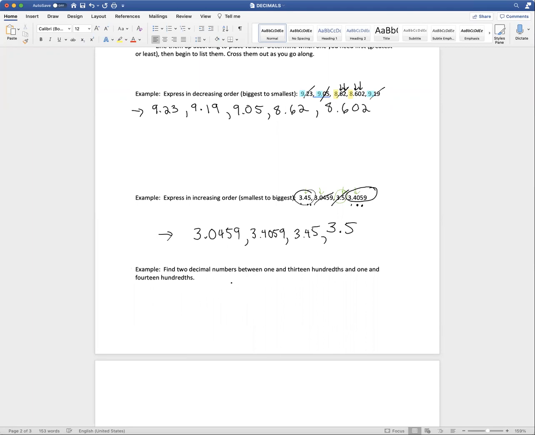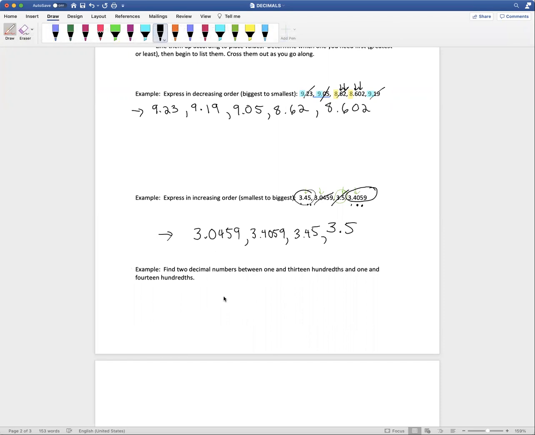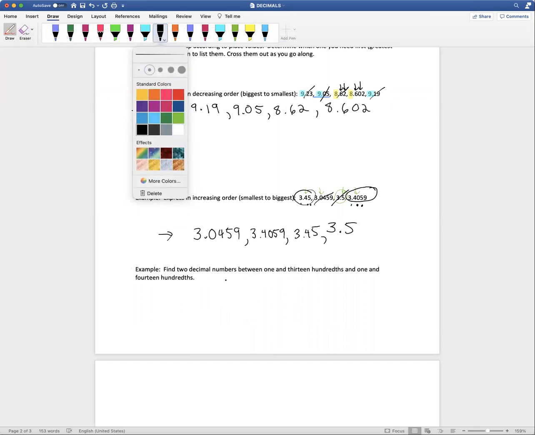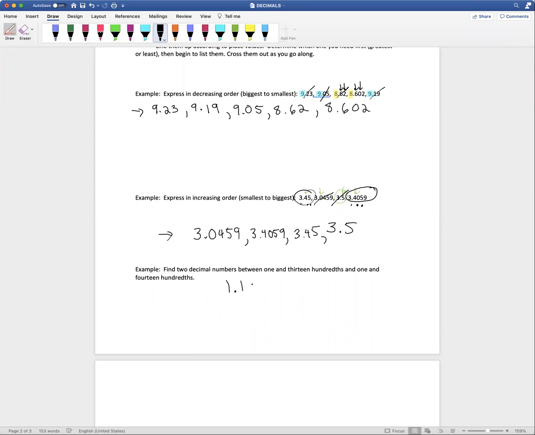Okay, find 2 decimal numbers between 1 and 13 hundredths and 1 and 14 hundredths. Let's do this. Now, remember, that's the same thing as saying I have 1 and 1 tenth, 3 hundredths, and 4 hundredths.